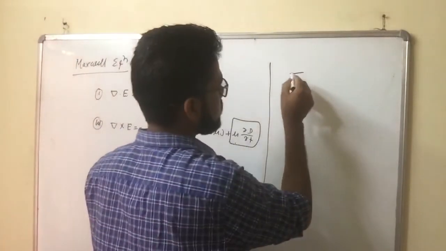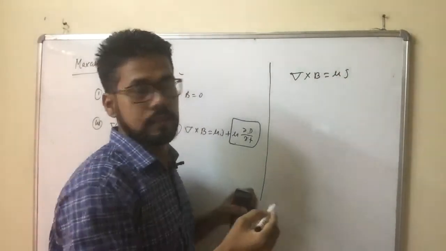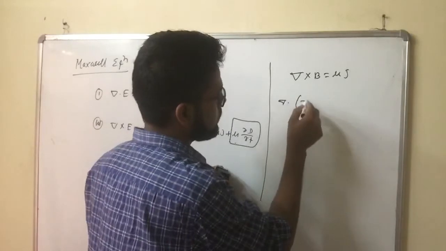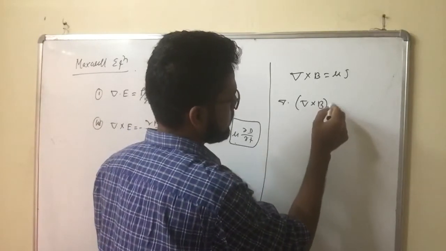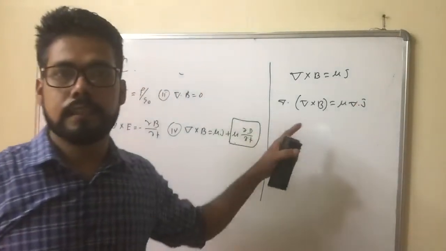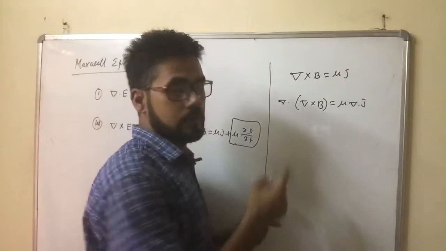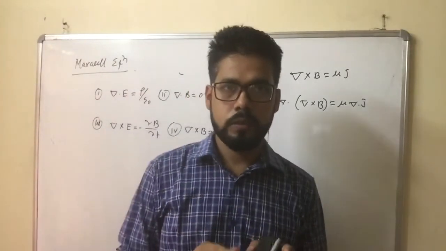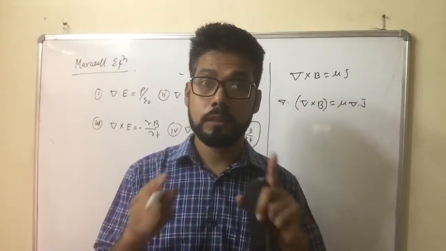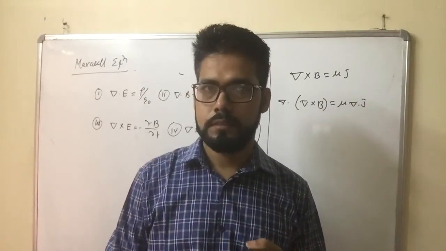See, curl of B equals mu J. Clear? Now, if I take the divergence of both sides, the divergence of curl of B equals mu times divergence of J. As per the vector rule, the divergence of curl of any function is always 0.